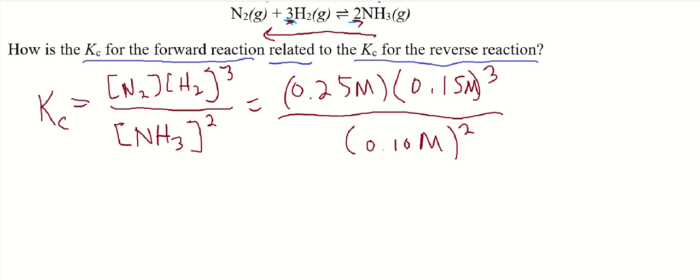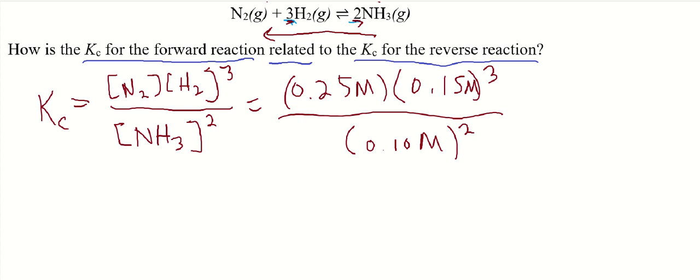Okay, so let's punch these numbers in our calculator. Actually, it's just going to be the inverse of our previous answer. Anyway, let's just punch these in. We're already almost done. Okay, let me get a parentheses in there. Start over. Parentheses, 0.25 times 0.15 to the third, close parentheses, and divided by 0.1 squared.